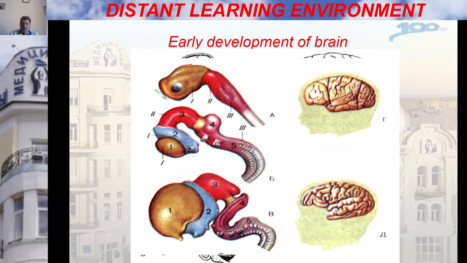The dorsal wall of the diencephalon remains thin in the form of an epithelial plate which fuses with the pia mater. A protrusion of this wall forms posteriorly, from which the pineal body, corpus pineale in Latin, is derived.